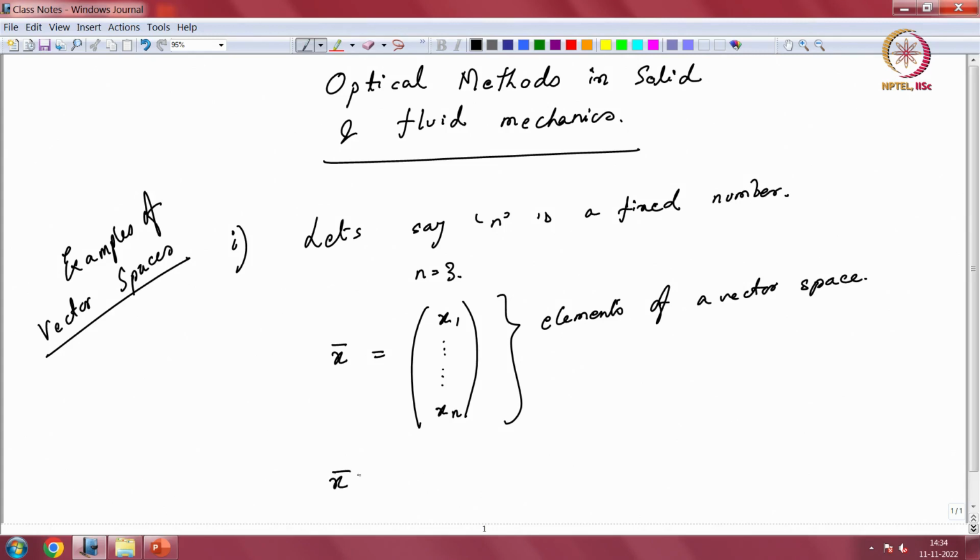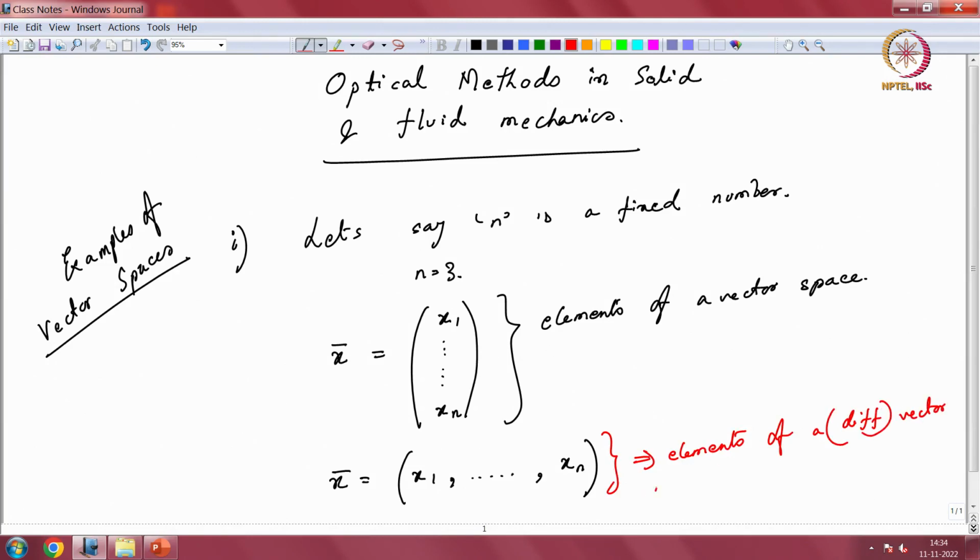You can also have a row vector, where you can arrange everything in a row, and vectors like this would also become elements of a different vector space.